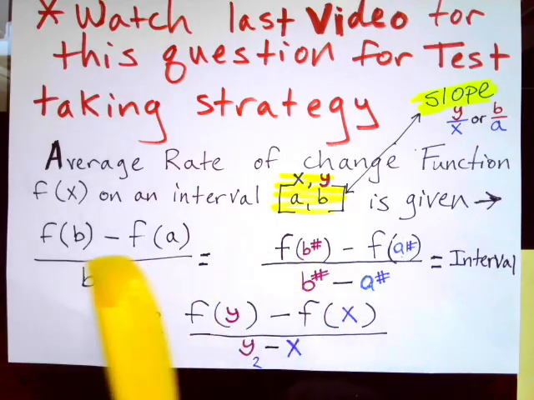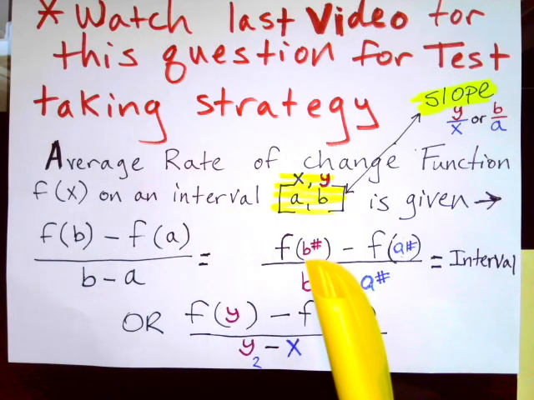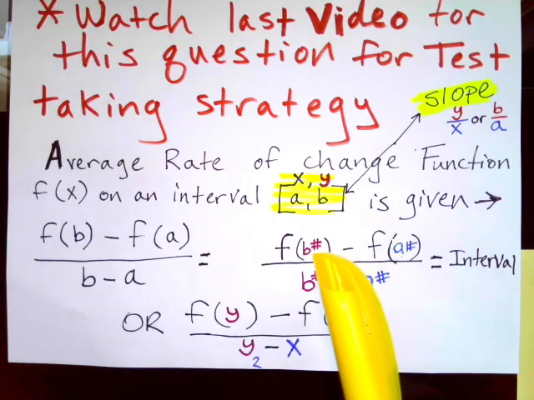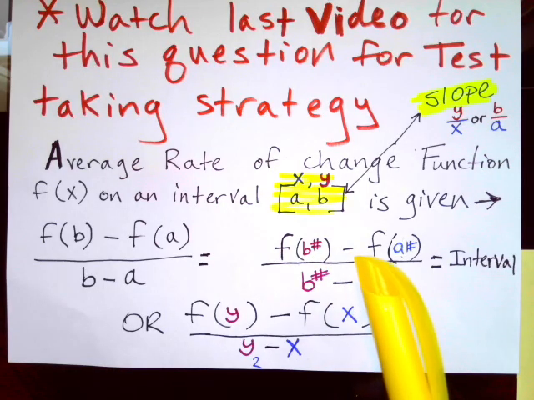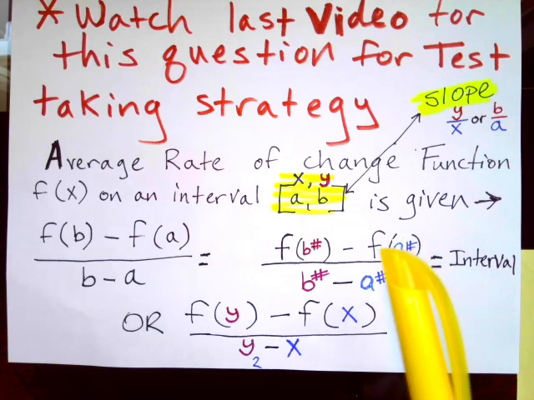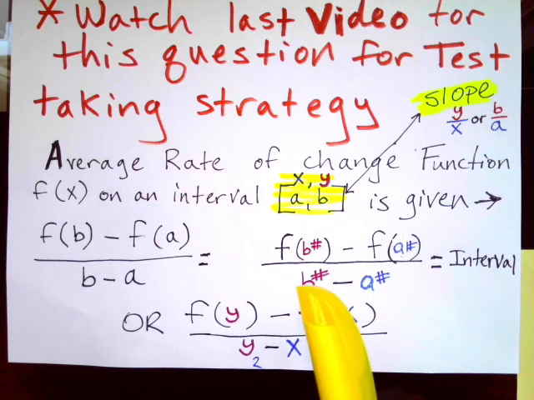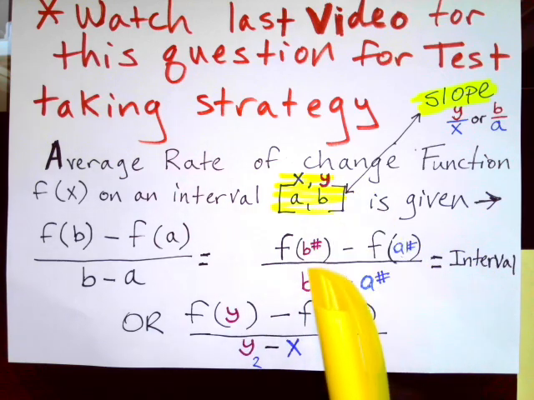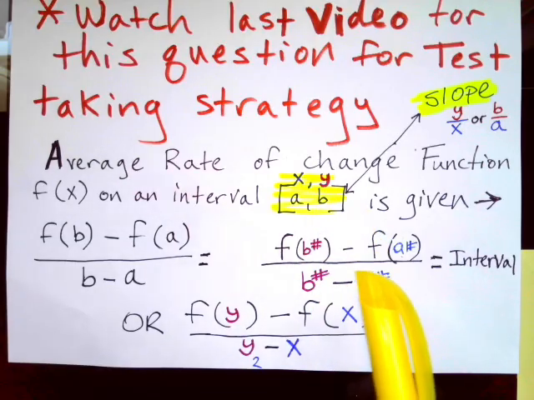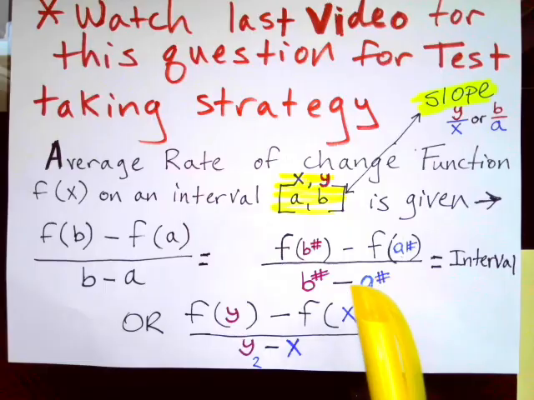Another way to look at this formula would be written for the b number, right? B is your b number. Your b number will be right here in the right side of the bracket. All right, minus your a number. What's the a number? Your a number is in the front part of that bracket. Divided by your b number. The b number is the y again, your y value, or this value in the bracket, minus your a value in the bracket.